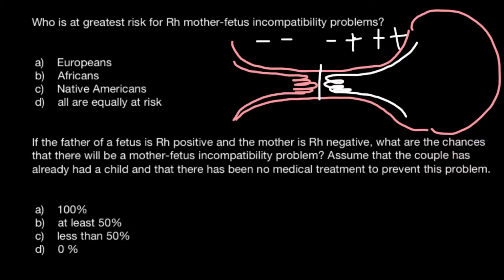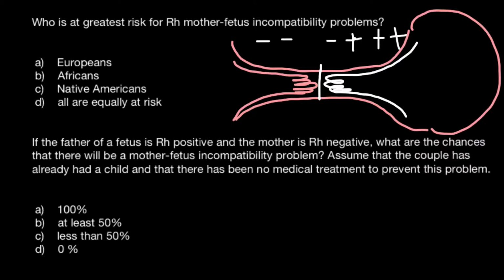But with a second pregnancy, if the fetus is also Rh positive, the reaction of the immune system would be much faster, and usually this leads to miscarriages during the first months of pregnancy, or if the child is born, the child would have serious health problems.